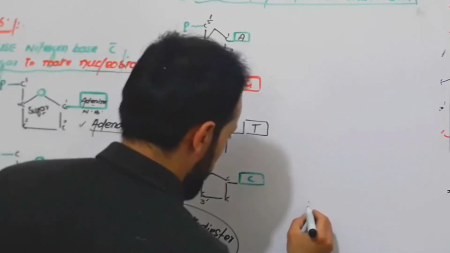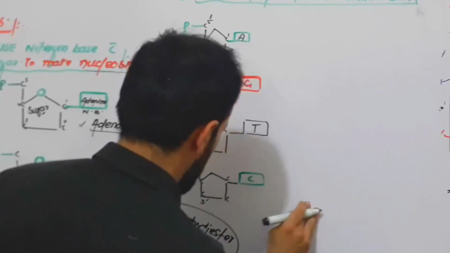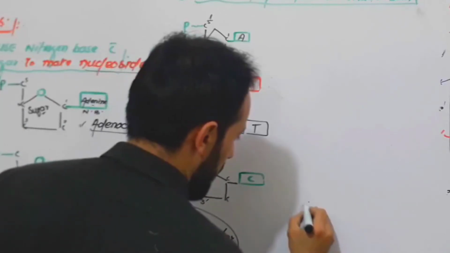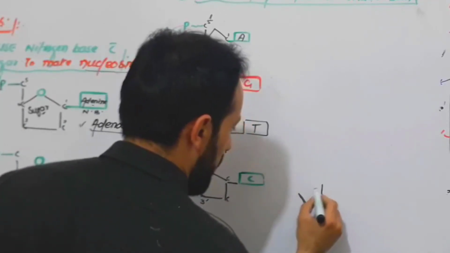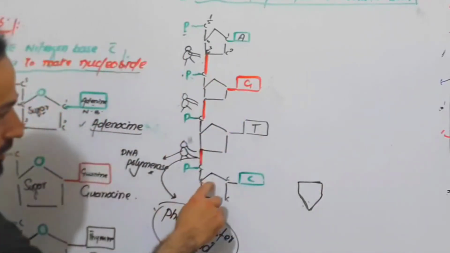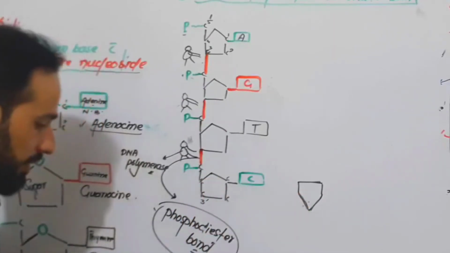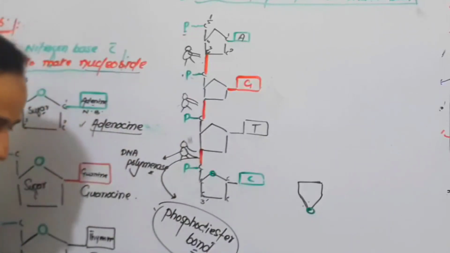So here let us make these nucleotides also. Let me start from here. This is the sugar. Now look, this sugar, and this is the difference. Here is oxygen, and the oxygen of it is downward, right?